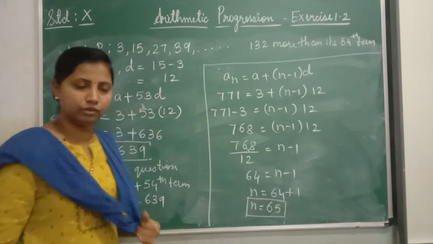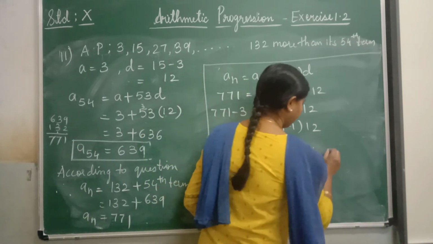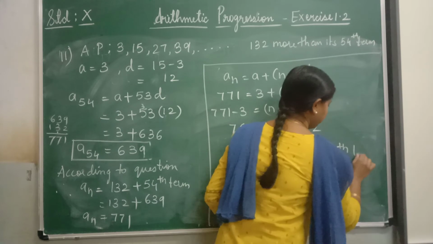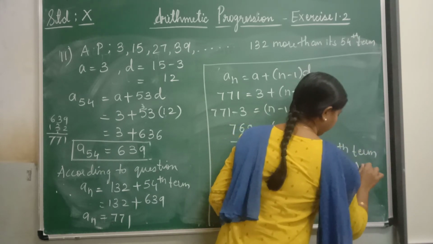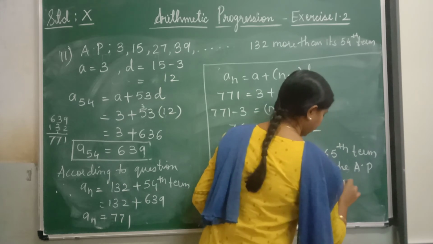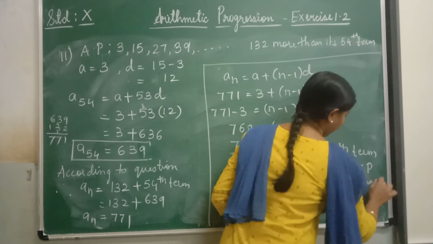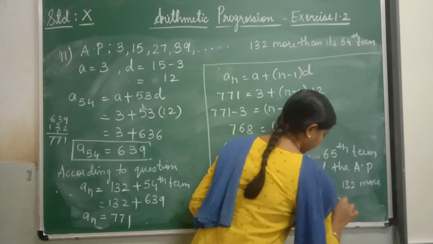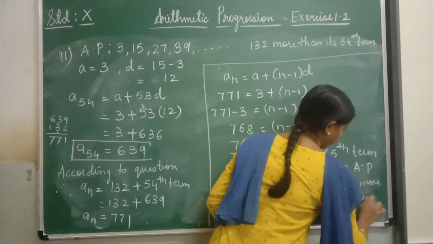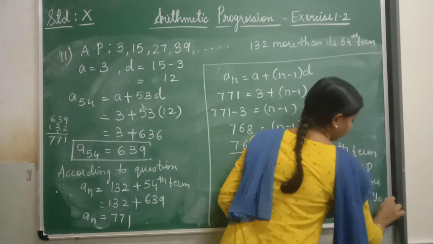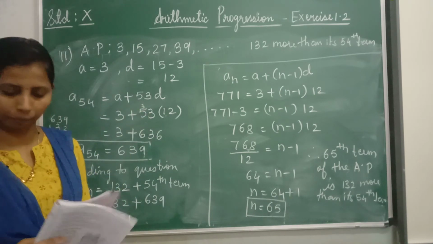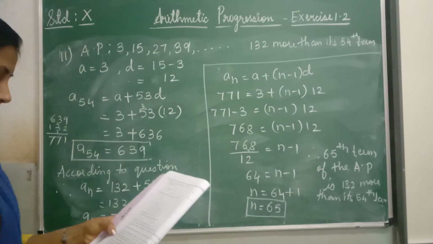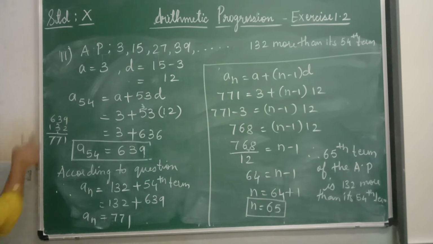We got it as 65. So we write, therefore, the 65th term of the AP is 132 more than its 54th term. Understood, children? This is the way you have to solve this. Now next, the 12th question.